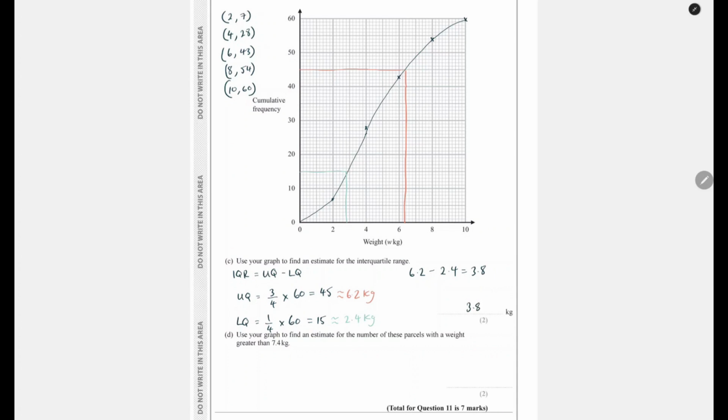Part D says, use your graph to find an estimate for the number of these parcels with a weight greater than 7.4 kilograms. So if we look at our graph, 7.4 is here. So we're going to draw our line up, and then across.